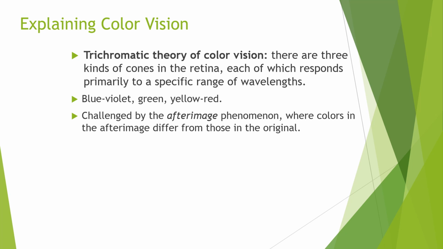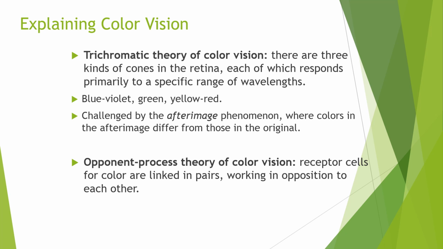Well, this comes about because of what is called the opponent process theory of color vision. This is where the receptor cells for color are linked in pairs, and they work in opposition to each other. So if you go back and you look at figure 7, right, you see green and black stripes.